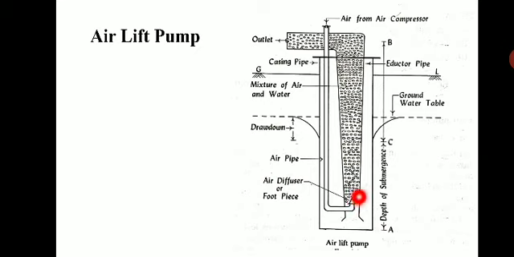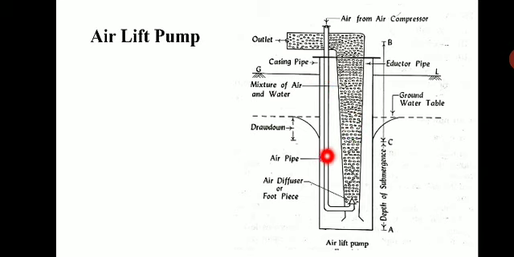The air diffuser is located at the bottom of the eductor pipe. This pipe is called the eductor pipe, and this is the pipe in which the water is present.